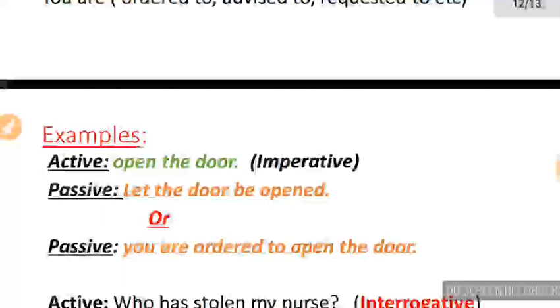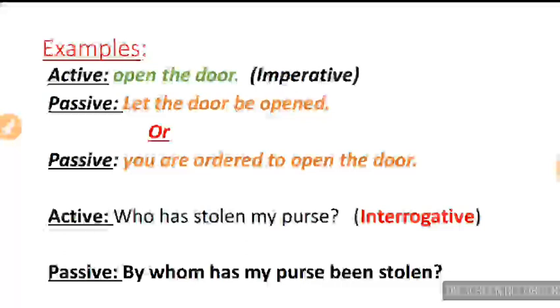For example, open the door. Imperative sentence. Passive. Let the door be opened. Let plus object the door plus be plus past participle form opened. Or the given sentence can be changed into passive in another way. You are ordered to open the door.